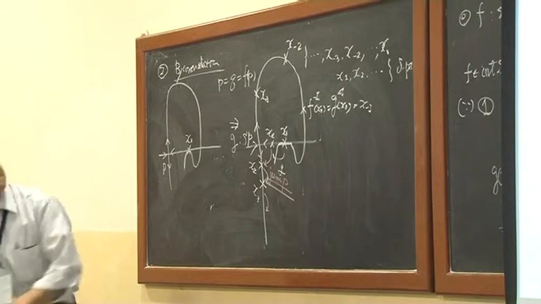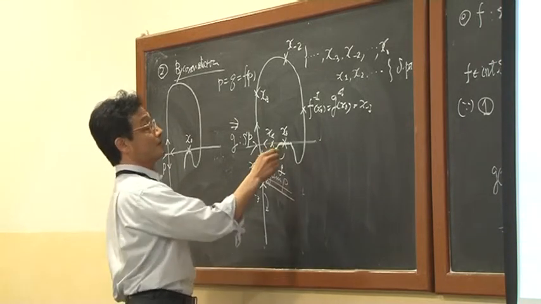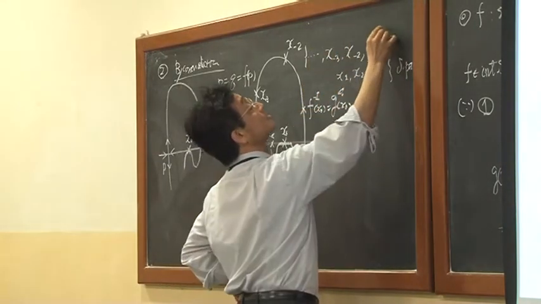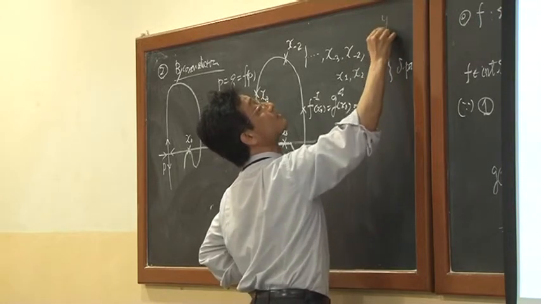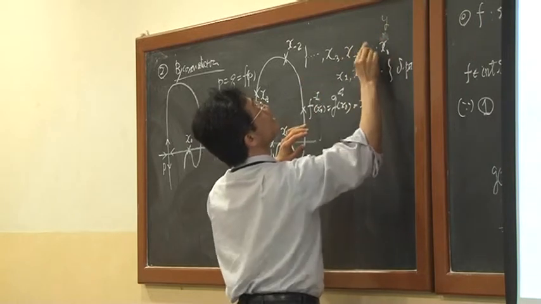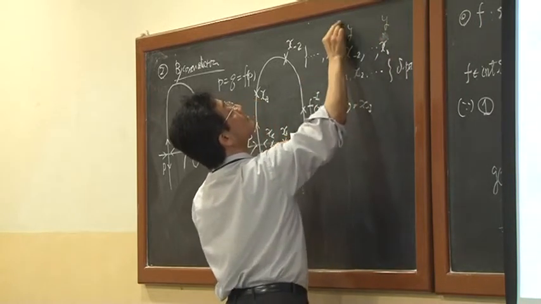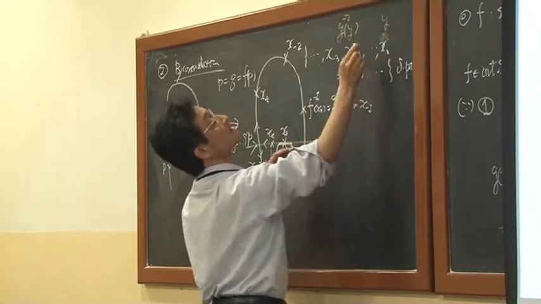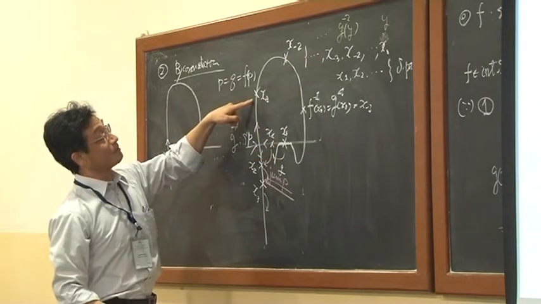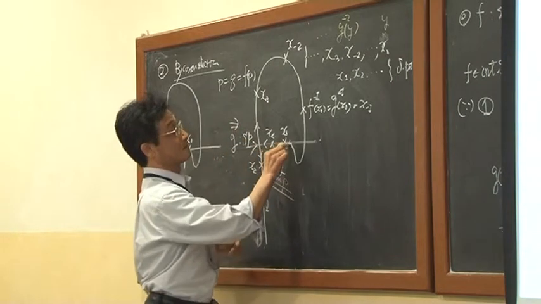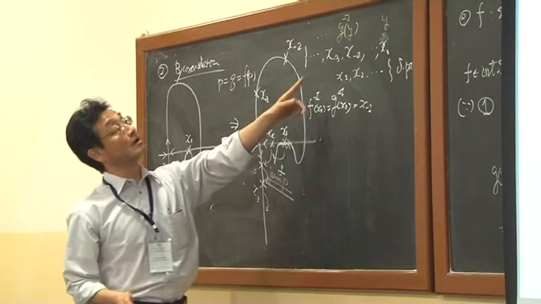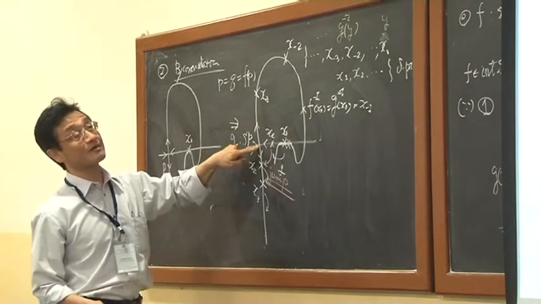In fact, assume there exists a shadowing point y very nearby. Why? The point y must be in this front part, because P is a hyperbolic fixed point.